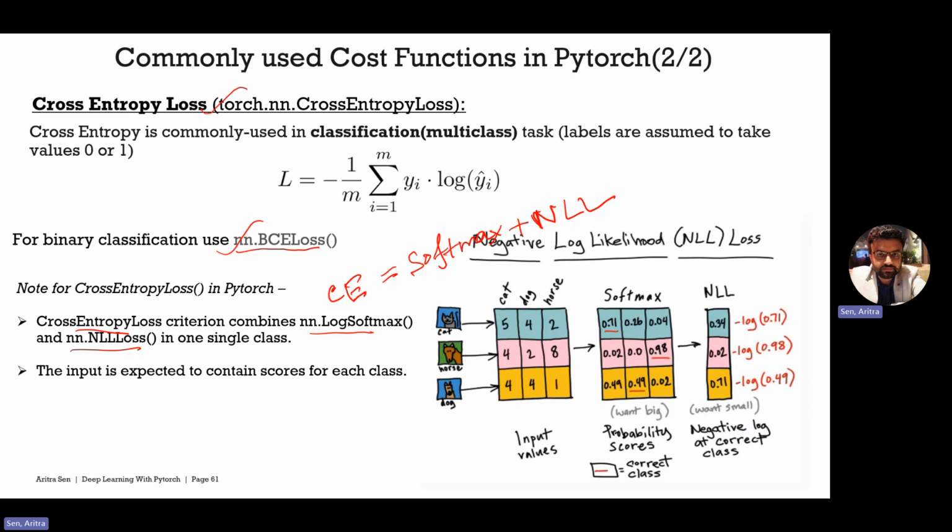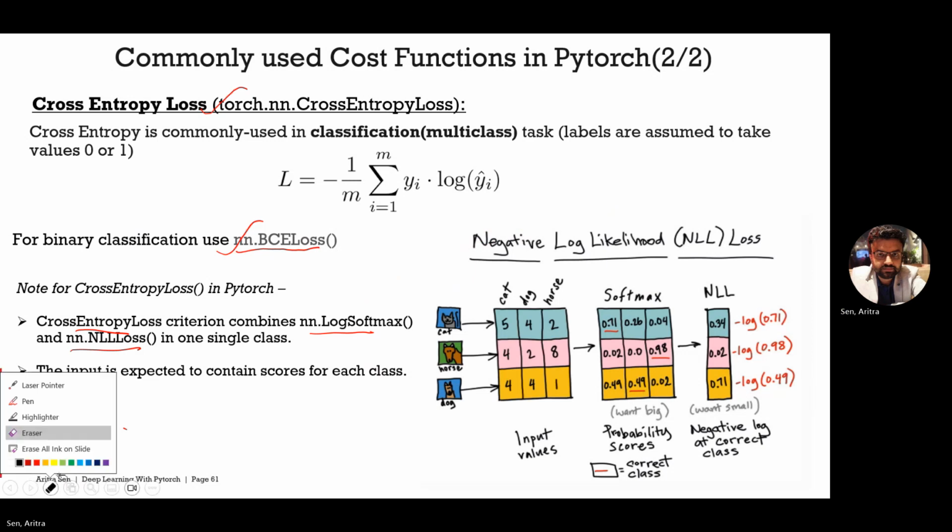In the example I am showing here, let's try to understand how the negative log likelihood works. Here we have certain inputs, which are images of a cat, horse, and dog. Based on the input values, we get the logits, one for every class, like 5, 4, and 2 for the cat, and similar values for the other two examples.